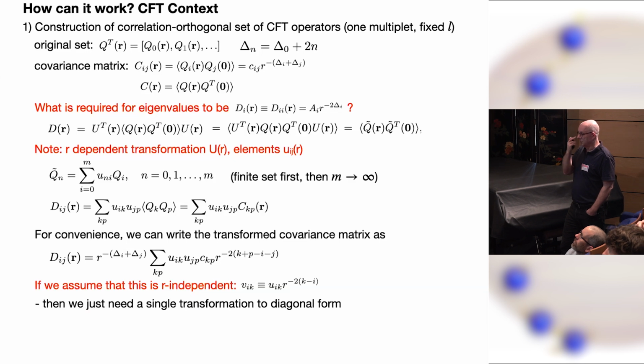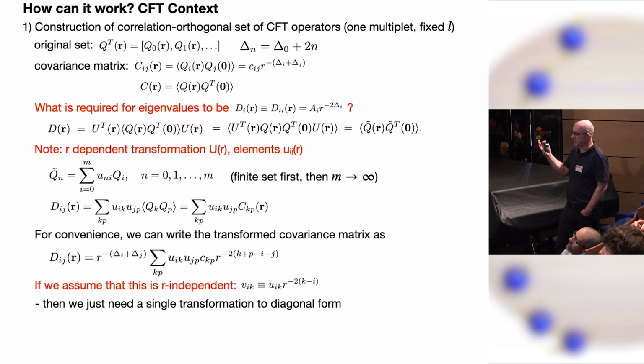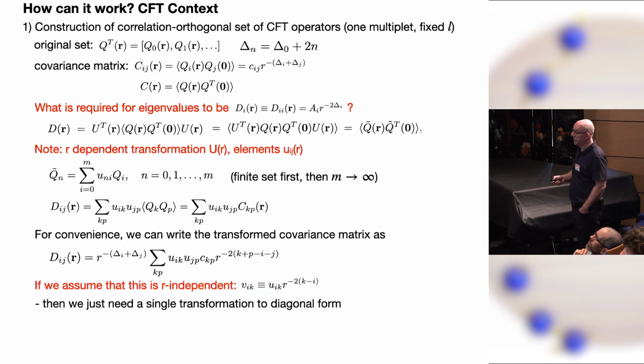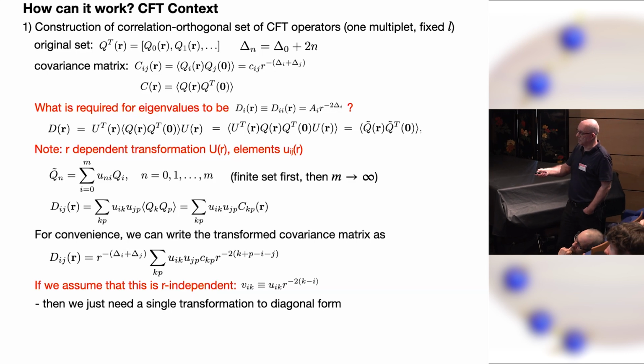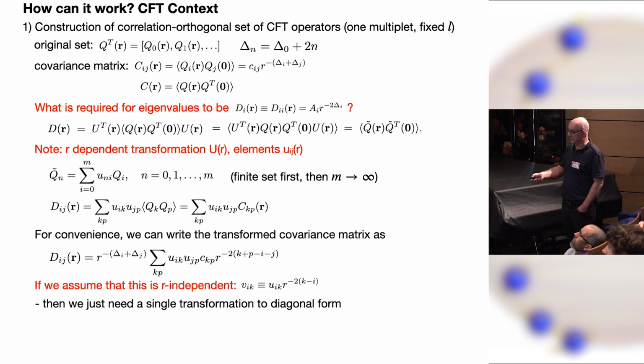And now what I want to do, and this is where I need to assume something, or I think this is something required for this whole thing to work: this transformation U depends on R, but how about if I can cancel that R dependence and just get some V which does not depend on distance anymore.